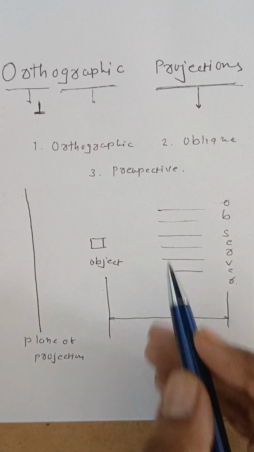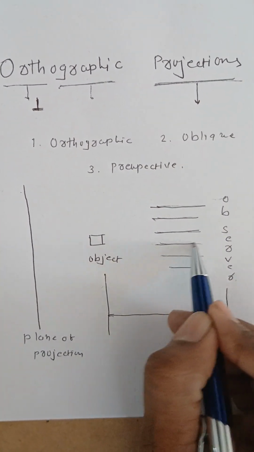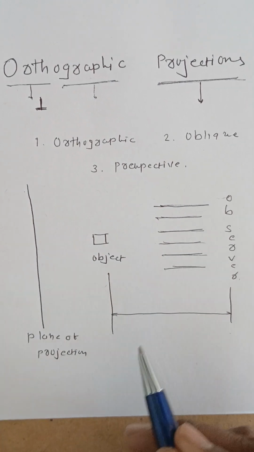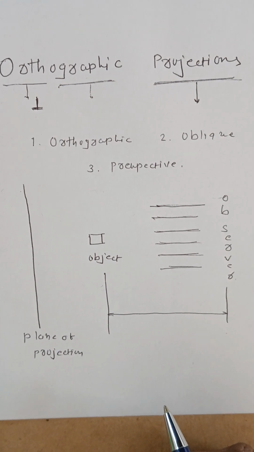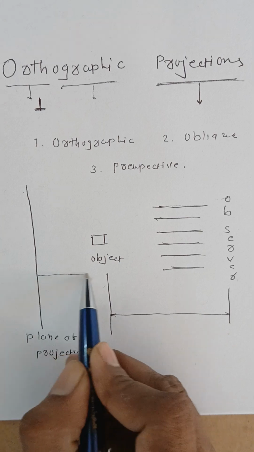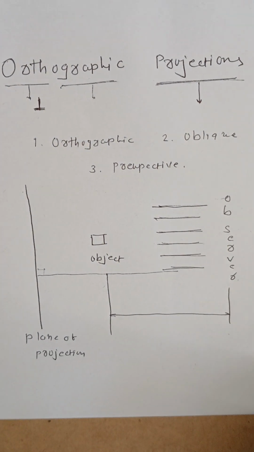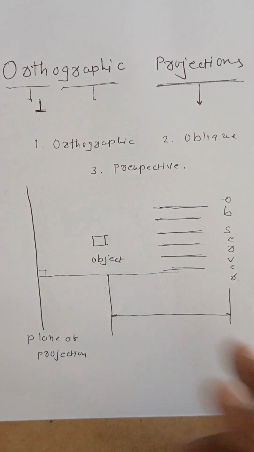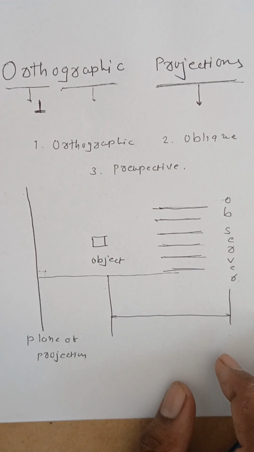So these are the rays which are responsible for your vision, because of which you can see the object. So what is the condition of these rays with each other? That is the second condition. And the third condition, the relation between these rays and the plane of projection. These three conditions are going to define the orthographic projection, oblique projection, and perspective projection.